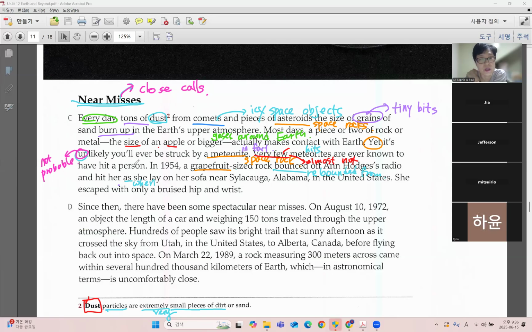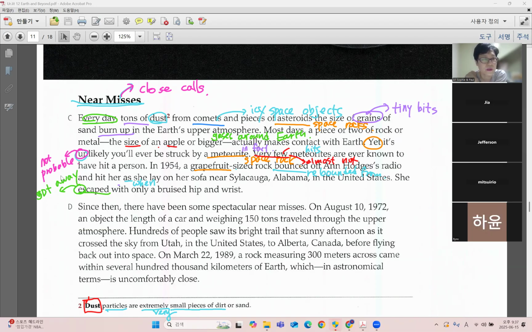And here she escaped. What is escaped? You know that? So easy. What is escaped? Ran away. Got away. E means out. So got away. Ran away with only a bruised hip.